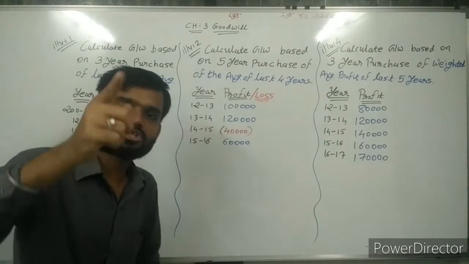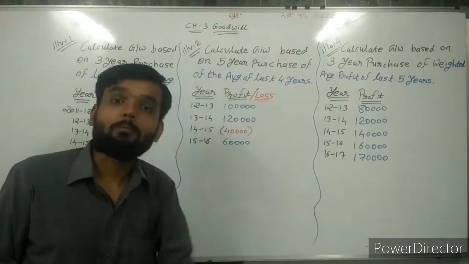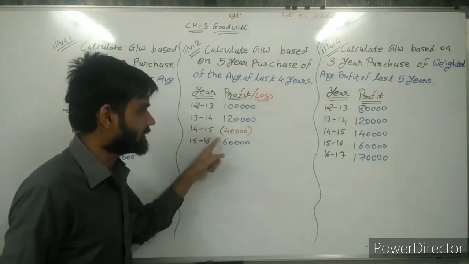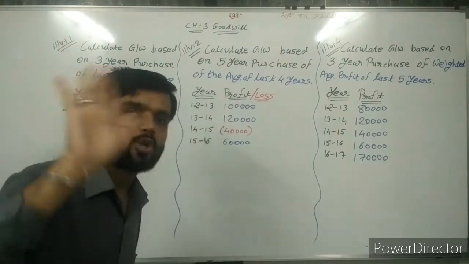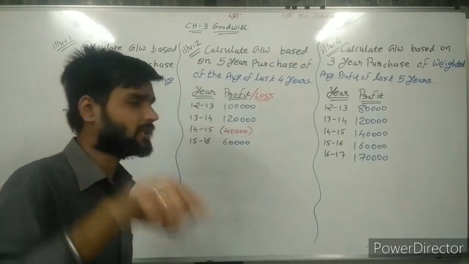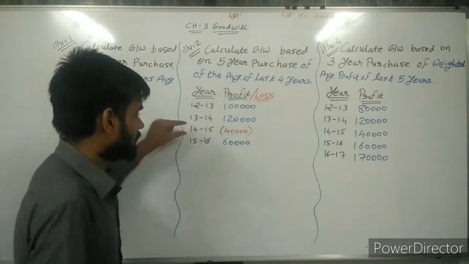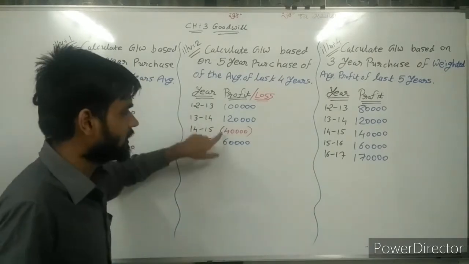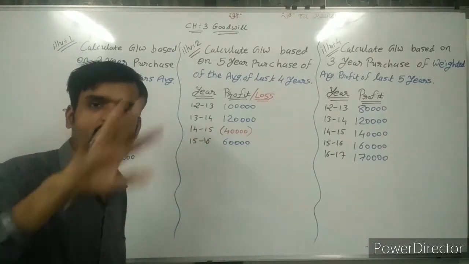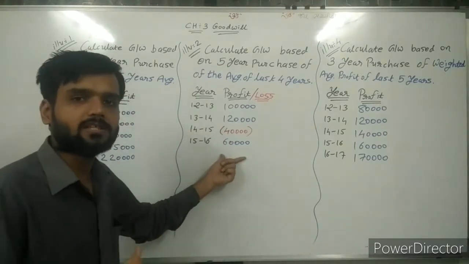Whenever information is given in brackets, bracket means minus, and minus means loss. So here 40,000 rupees is the loss incurred by the firm, in 14-15. Now in 15-16, again profit of 60,000.